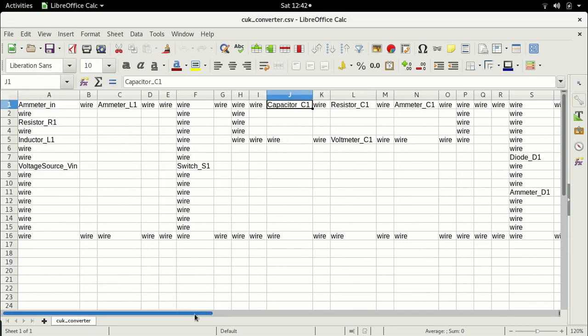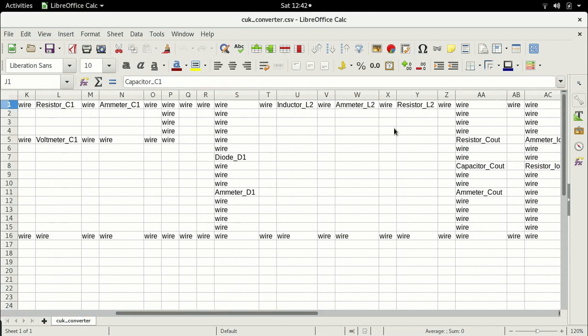As I said before, in a Cuk converter, the input is never directly connected to the output, right? For example, if you turn on the switch S1, the input voltage will charge the inductor through the switch. At the same time, this capacitor C1 will discharge through the switch and will charge the inductor and charge the capacitor.